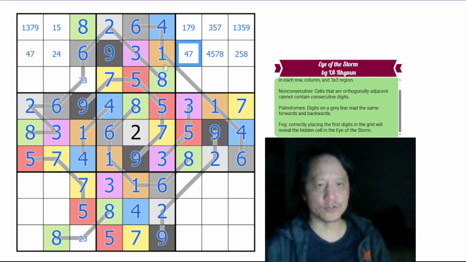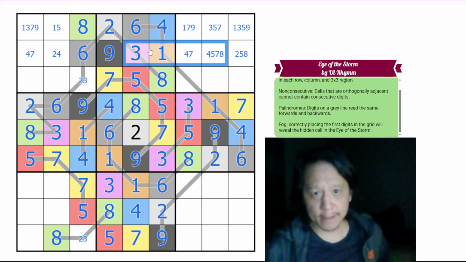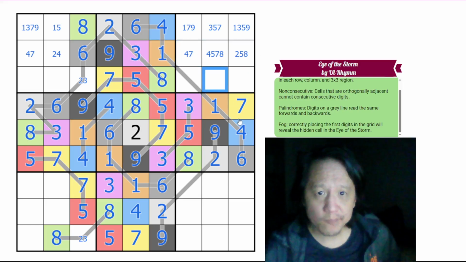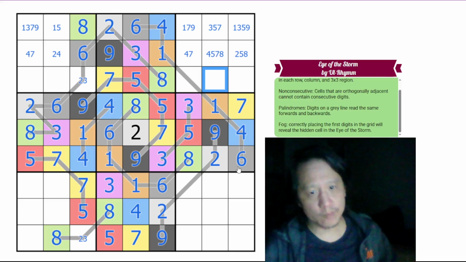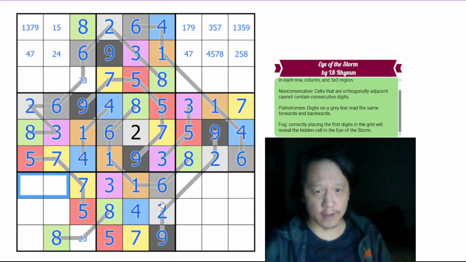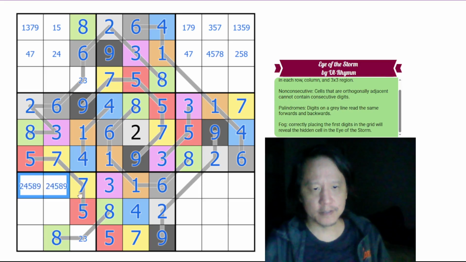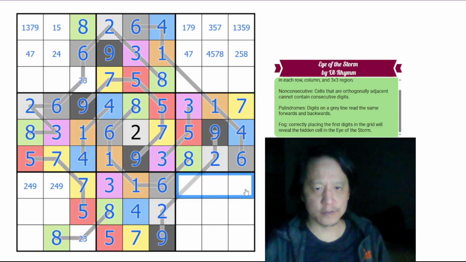This can't be 2 because it'd be consecutive with 1. Okay. Row 7. We have 2, 4, 5, 8, 9. This can't be 2 or 5. Sorry, it can't be 5 or 8. This can't be 5 or 8.